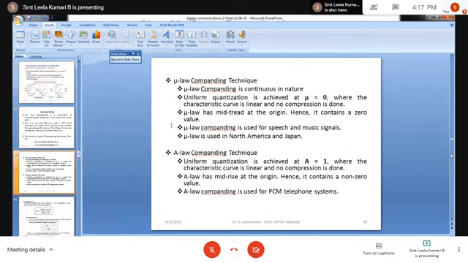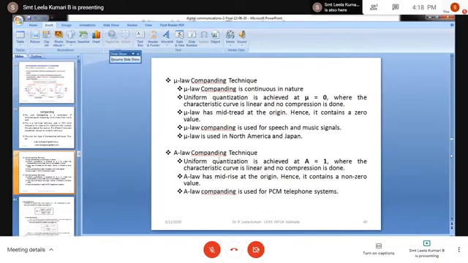Mu-law has a mid-tread at the origin, hence it contains a zero value. Therefore, the number of levels in Mu-law compounding is 2 to the power of n minus 1, because it has a mid-tread at the origin. Mu-law compounding is used for speech and music signals, and it is used in North America and Japan.